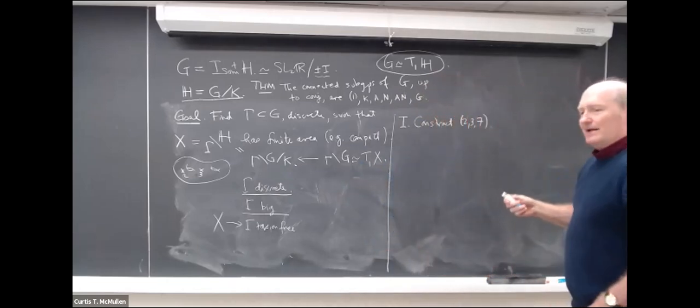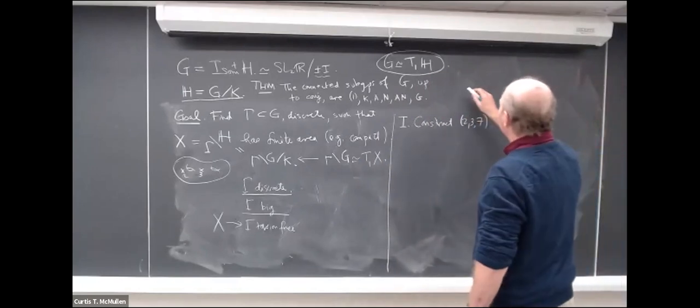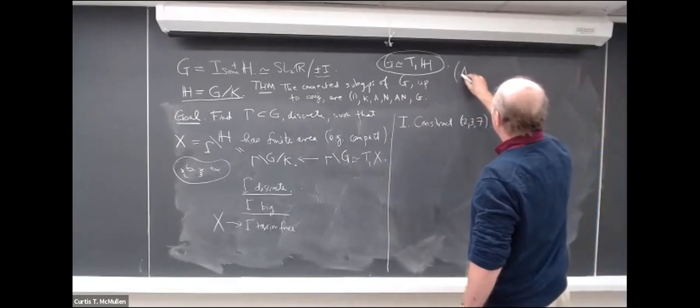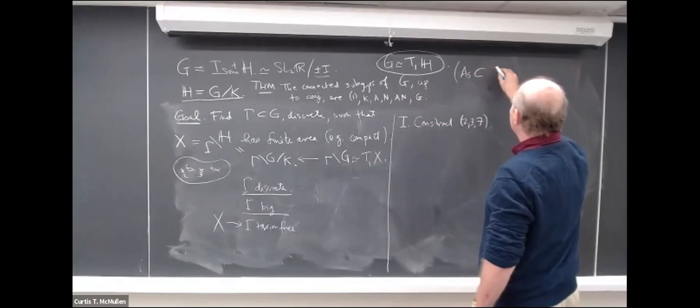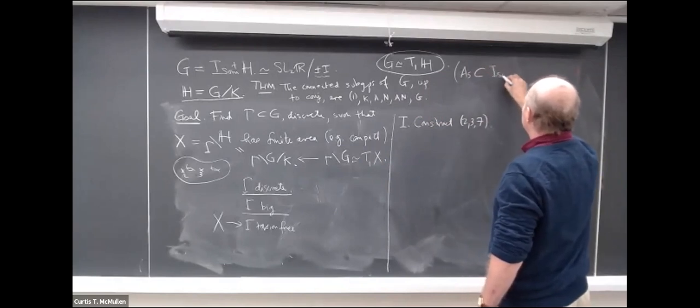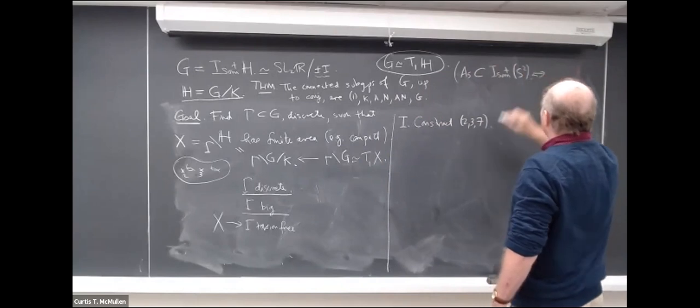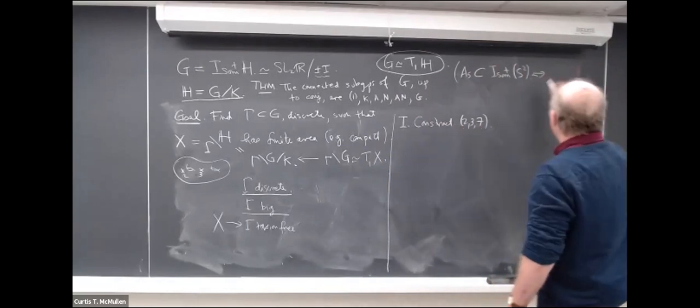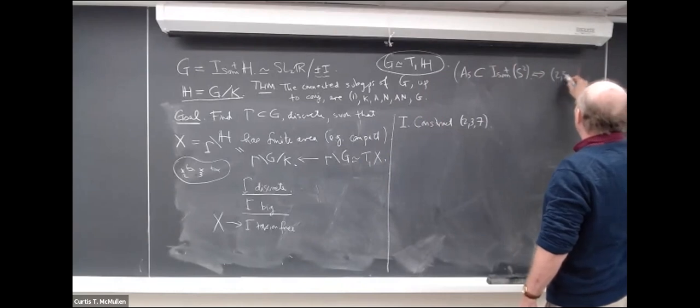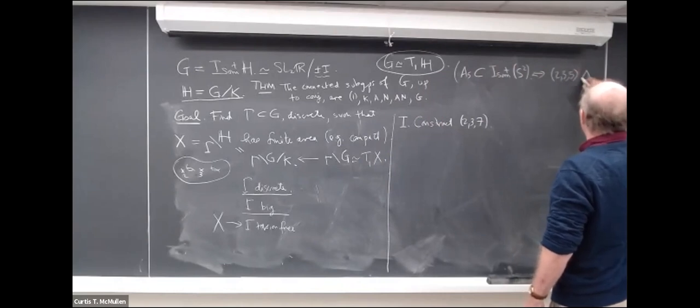Now, why am I doing this? Well, you'll remember that when we wanted to discuss A5 contained in the isometries of S2, actually, this is very closely allied to constructing the 2, 3, 5 triangle on the sphere.